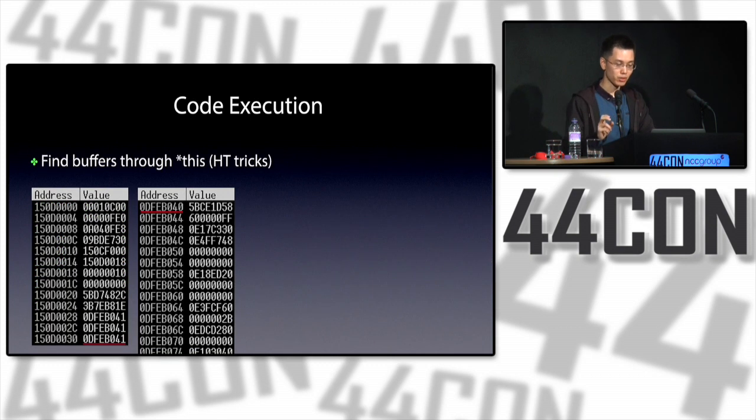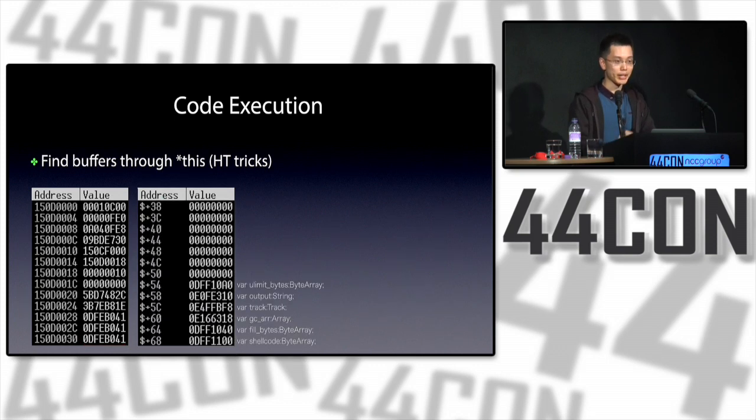And with this pointer, all the self-defined variables in the class can be located from the 54 hex offset, let's say the ByteArray and vector. And since we know the structure of this class, we know how to find the buffer inside. And with these buffers, we can store shellcode, fake virtual function table, and ROP chain, and all kinds of things. This technique was first seen in Hacking Team's Flash exploit, and it is very useful. It needs less brute-force searching, so it makes the exploitation code more efficient.